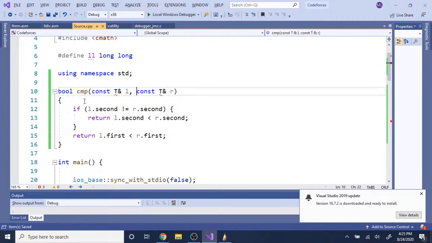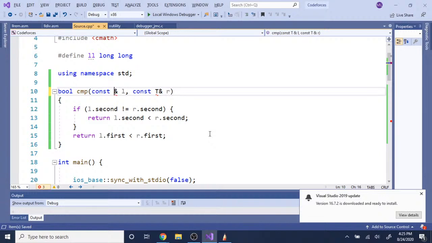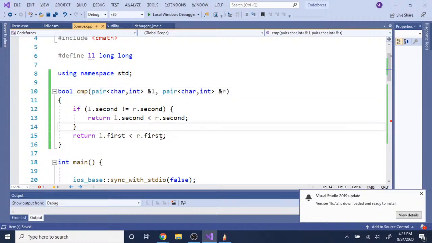I don't need const T. This is going to be pair, pair char int. Whatever. Okay, s dot second. If it's not equal, just return second. Let's return first. Okay, so this is going to sort it by the second of the pair.